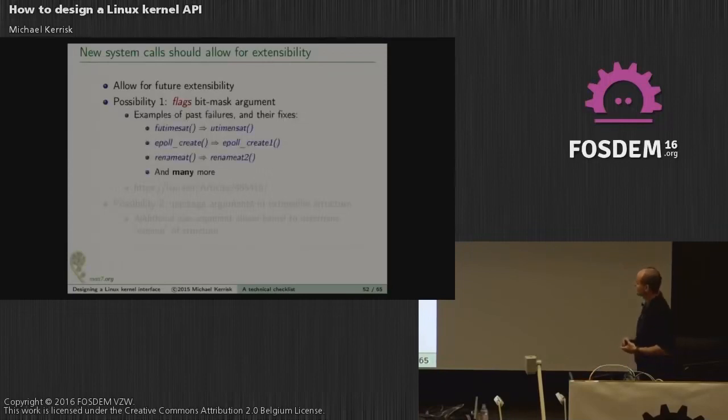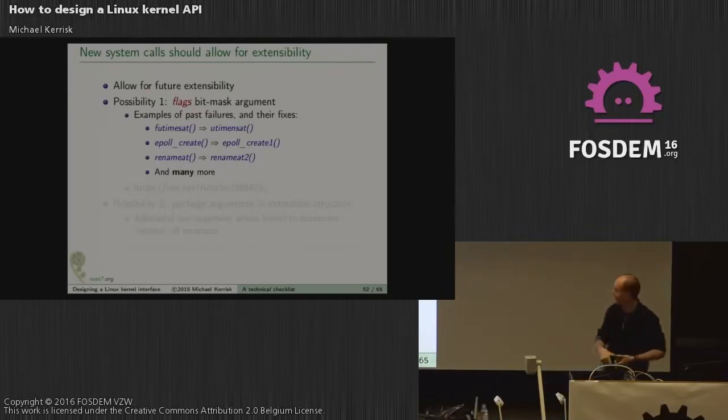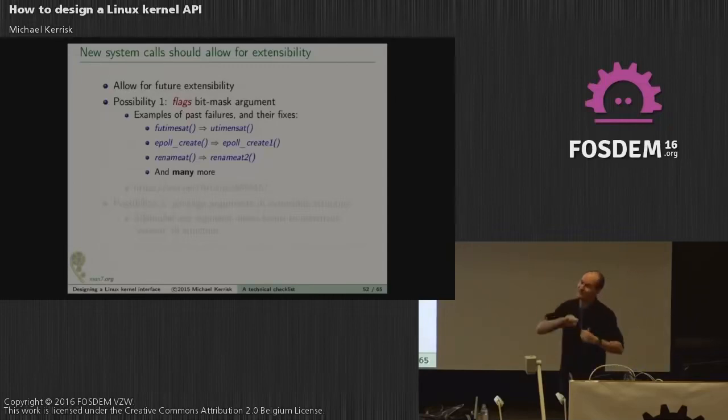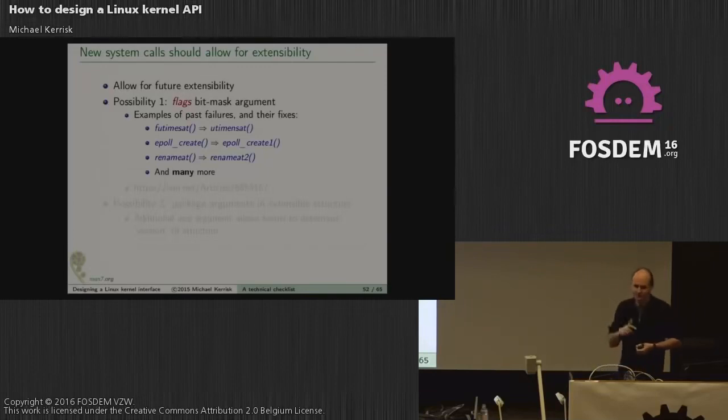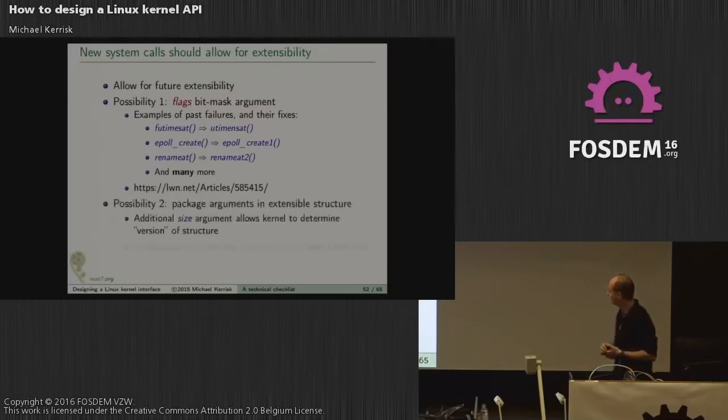You might say this seems fairly obvious, but it wasn't obvious in the past, because we've repeatedly had this pattern where we had the system call without the flags argument, and then we had to invent another one with the flags argument. You've probably heard historically of the dup and the dup2 system calls in the kernel. Well, of course, now we have a dup3, and so on and so on. This is just a few of the examples. Again, I wrote an article about this on LWN.